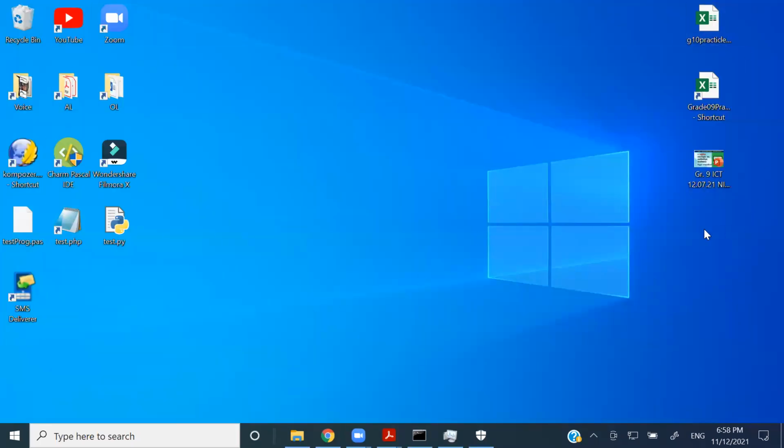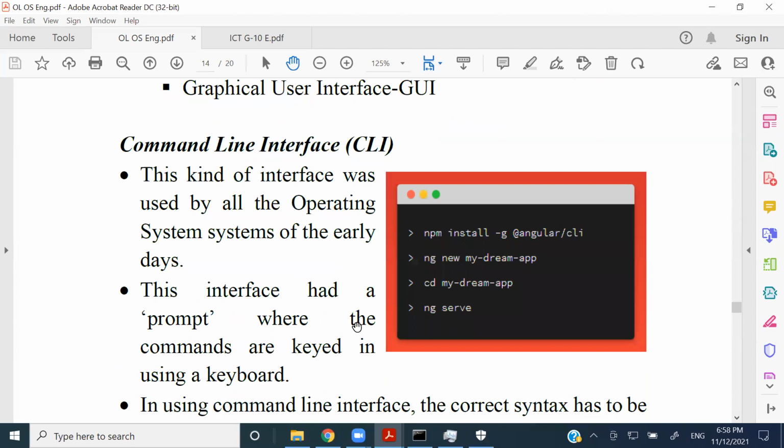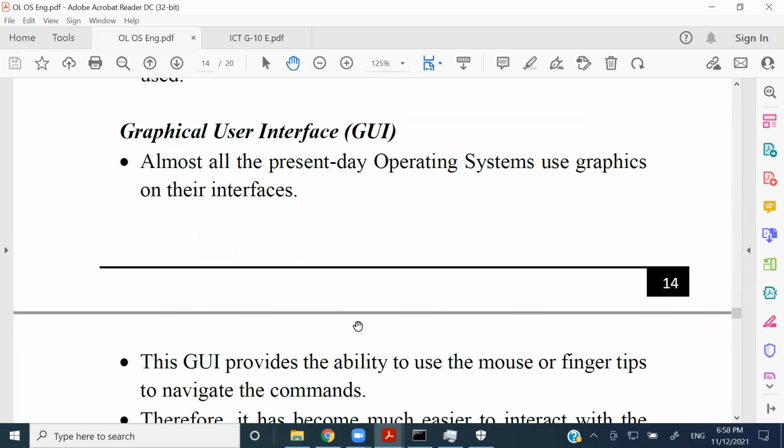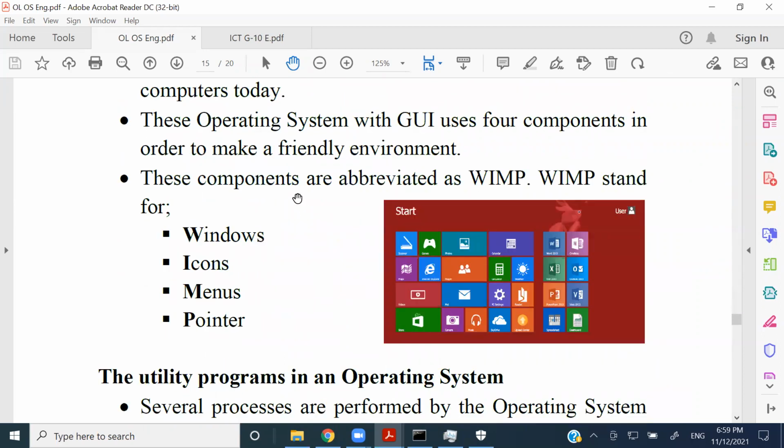We had the icons, we had these windows, we had a pointer to point at things. Now, we say a graphical user interface contains these components. We call it a WIMP component, right? What do you mean by WIMP? WIMP stands for Windows, icons, menus, and pointers.